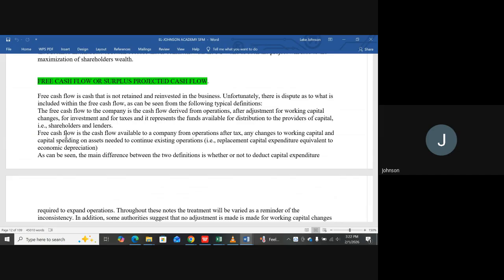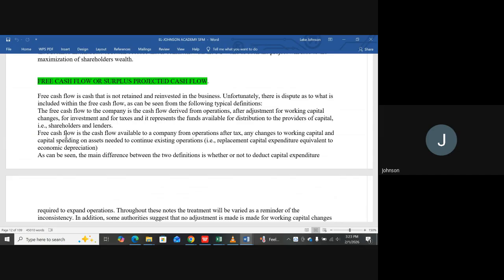So you take your profit before interest and tax and deduct your interest. After you deduct your interest, deduct your tax. Then you adjust for non-cash items, like depreciation.